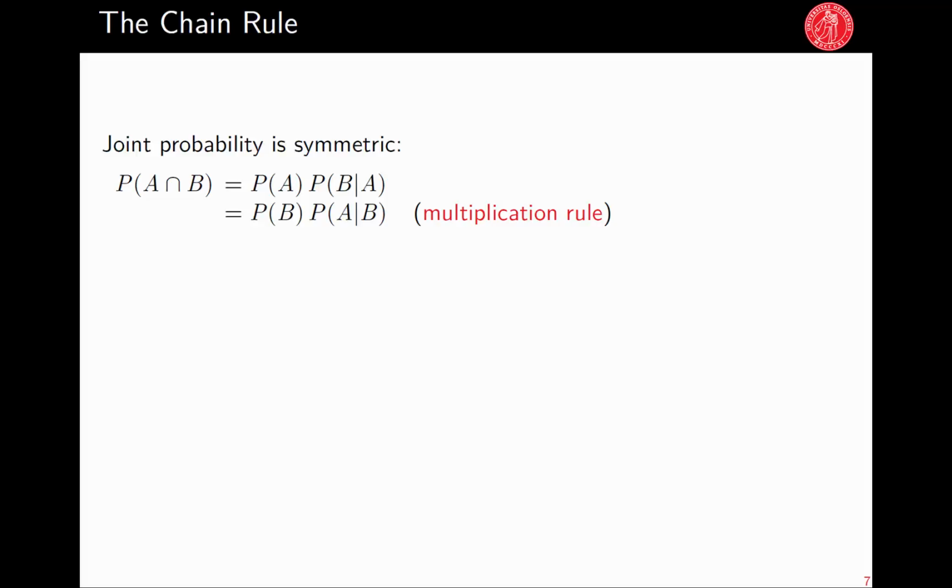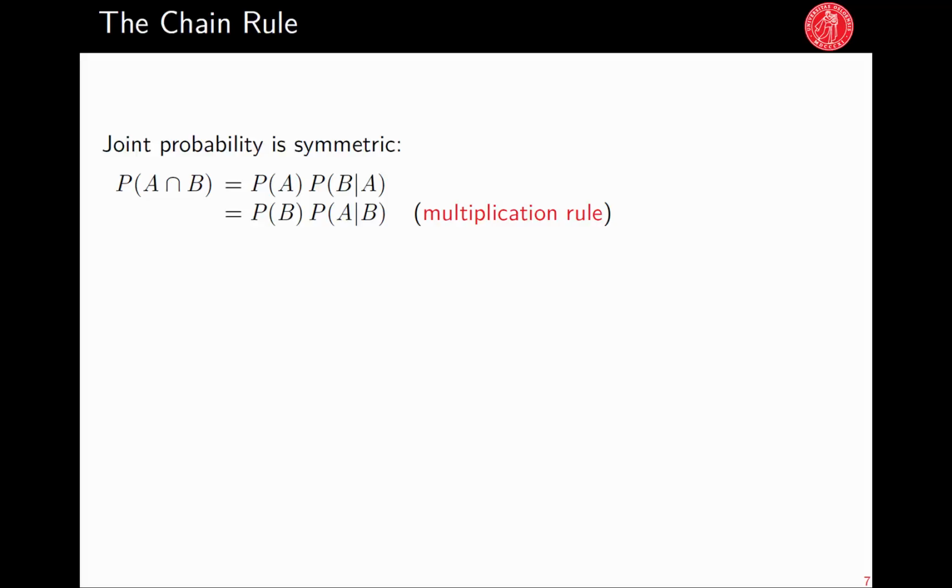Now I can take the two right-hand sides of this equation, so this term and this term are equal, and I can divide by either P of A or P of B and put one of the two conditional probabilities as a term in its own right on one of the sides of the equation.